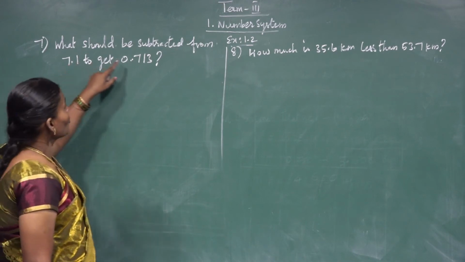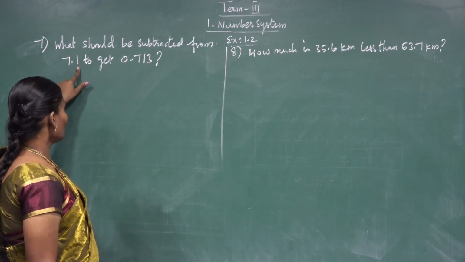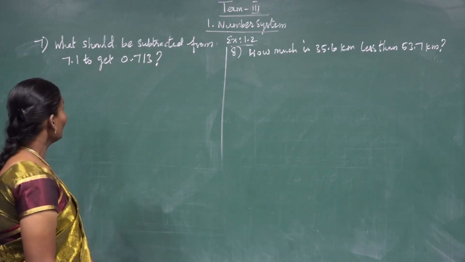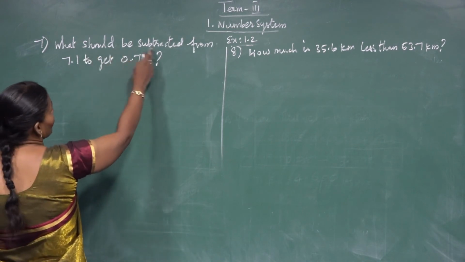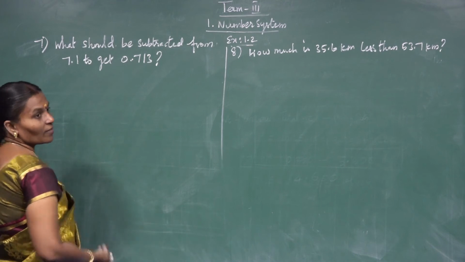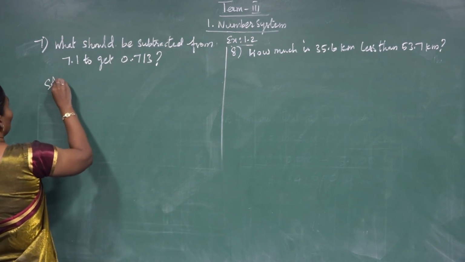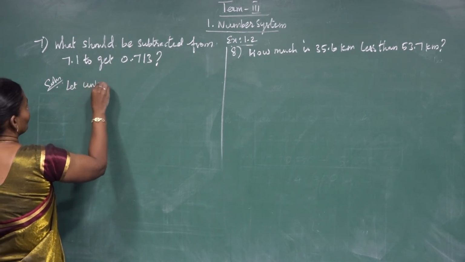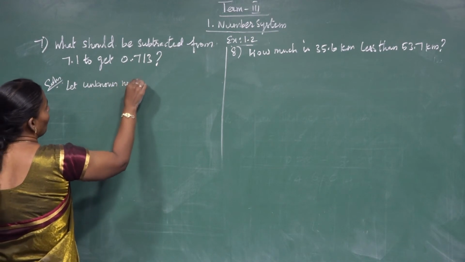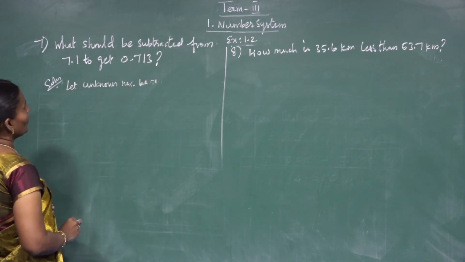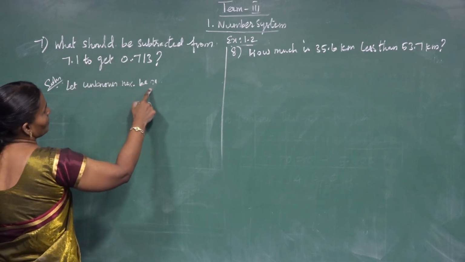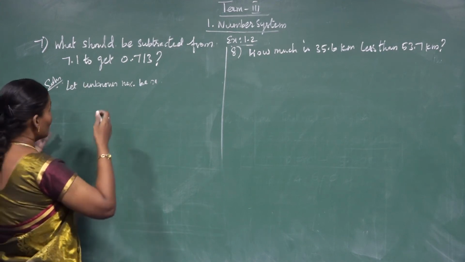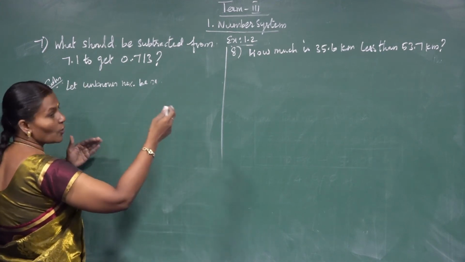Children, now we see exercise 1.2, seventh: what should be subtracted from 7.1 to get 0.713? So here, which number is subtracted from this to get this? Let the unknown number be x. So x is subtracted from 7.1 to get 0.713.